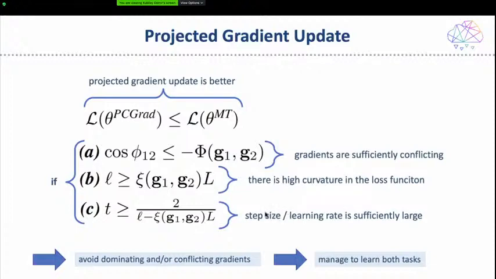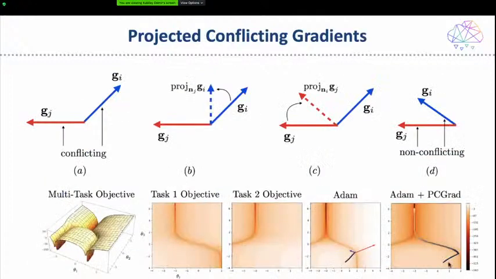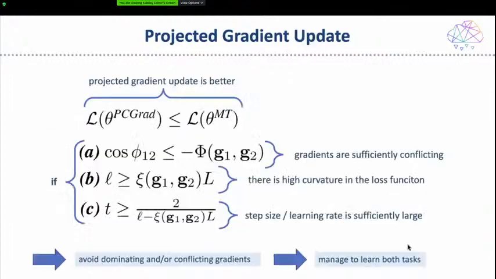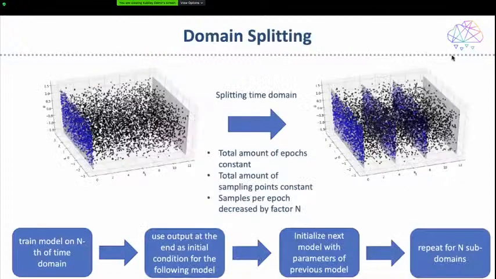Another factor is the step size or learning rate: if you have a high learning rate, you're more prone to get stuck in the local minimum, because you're even more overestimating the importance of the one gradient. So the idea is that if you use this projection in these cases, you end up minimizing all parts of the loss function, and then get an accurate solution.